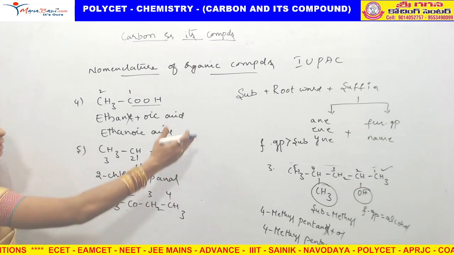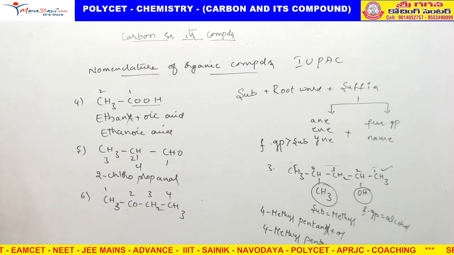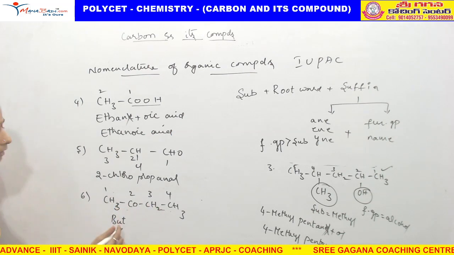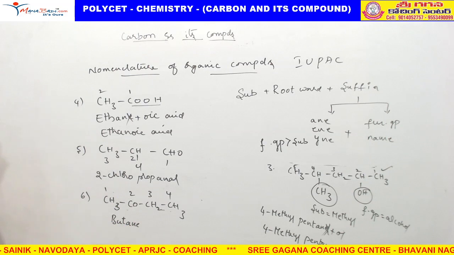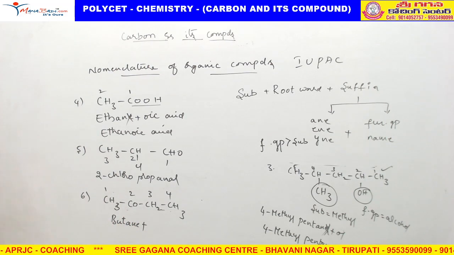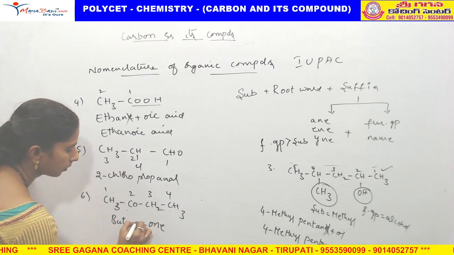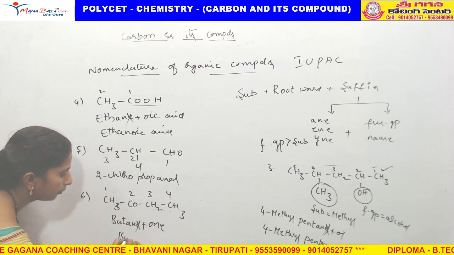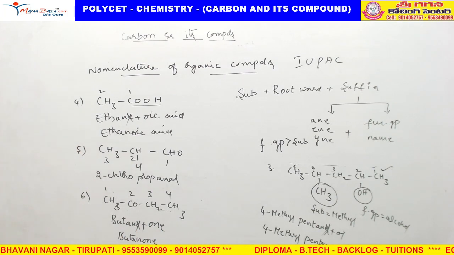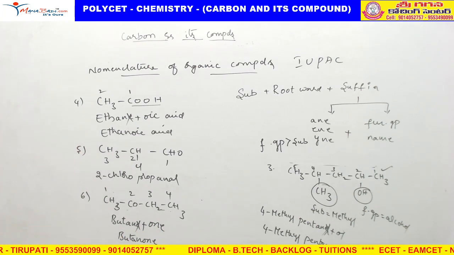No substituent. Directly you can write the root word. What is the root word? But, ane, but plus what is the functional group suffix? One. So what is the name? Butanone. Butanone. This is the functional group.